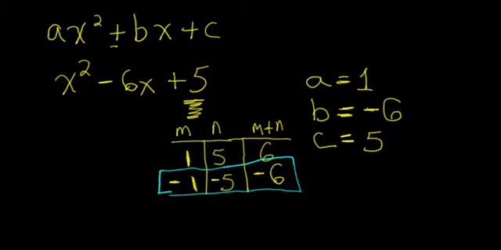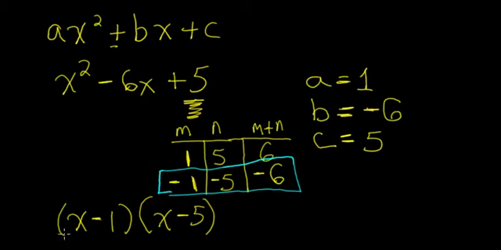And this means my answer is in the form of x, m, now I'm keeping the sign with my m, and x, n, and I'm keeping the sign with my n. And so I get two binomials. Let's check this. The first times the first is x squared. The outer terms is negative 5x.